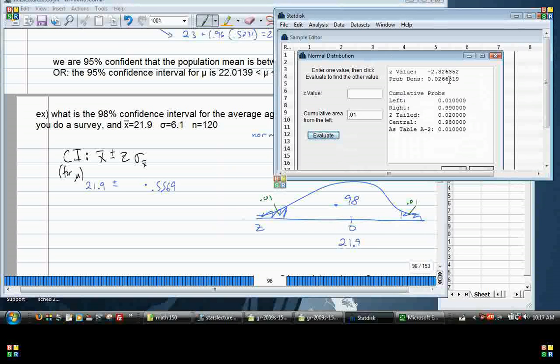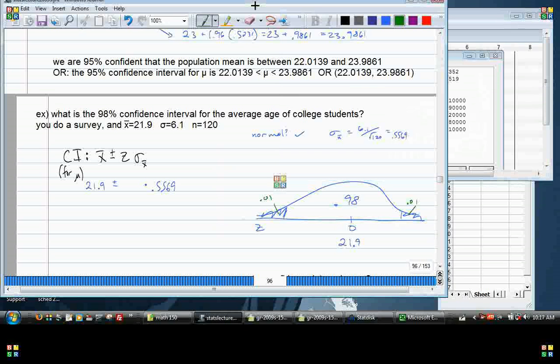So negative 2.326364, so 2.3264. Now we have the z-score, and that's it. Now the rest is arithmetic.